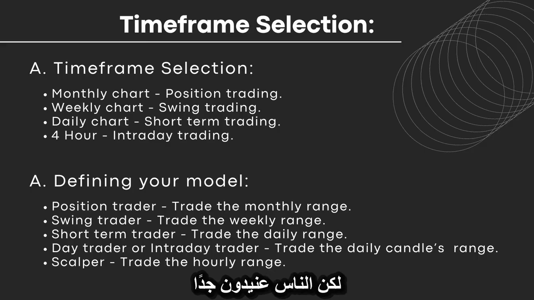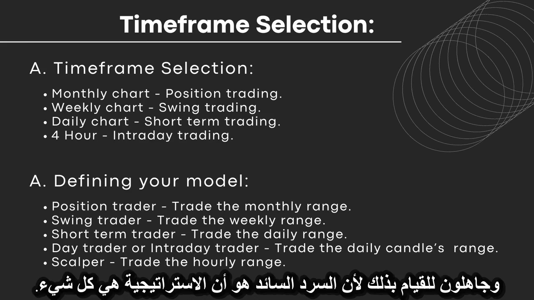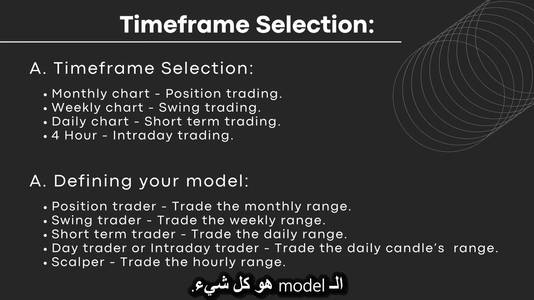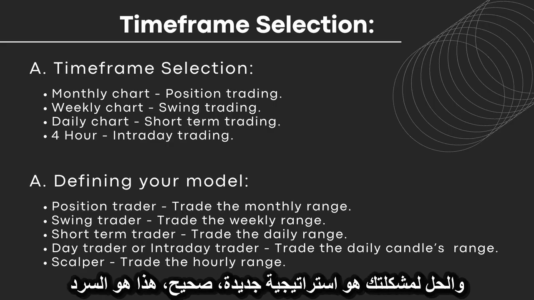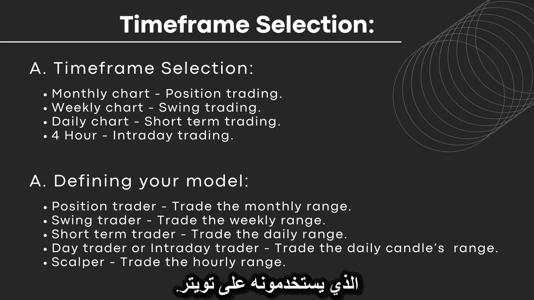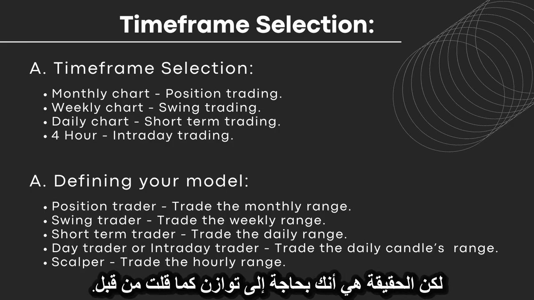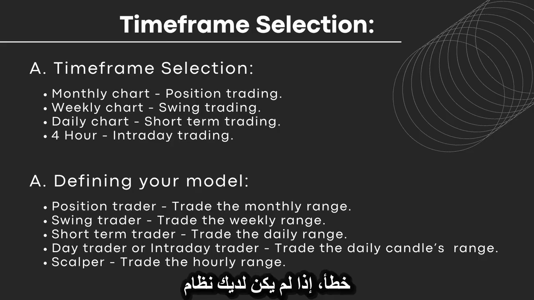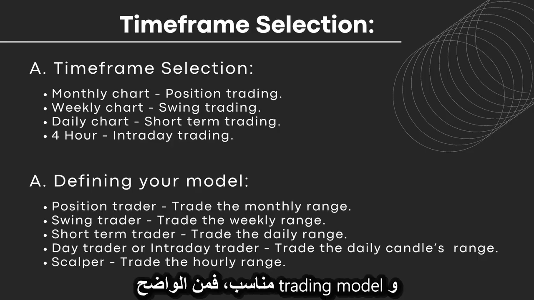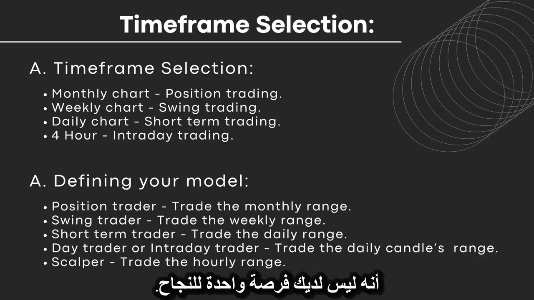But people are too stubborn and ignorant to do that because the narrative is that strategy is everything, a model is everything, and the solution to your problem is a new strategy. That's the narrative they are using on Twitter and all of these other social media platforms. But the real thing is that you need to have a balance, as I said before. Now, don't get me wrong, if you don't have a proper system or trading model, then obviously you don't have a single chance at succeeding.